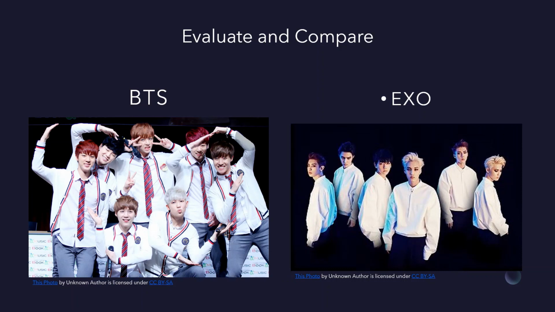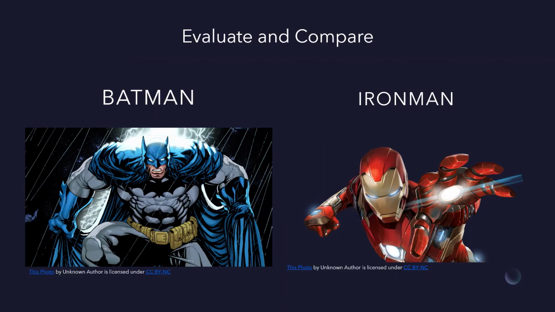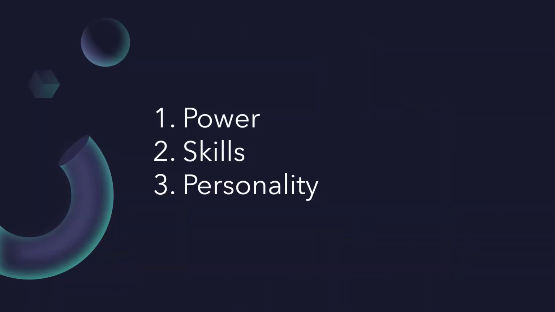For group 2, you will evaluate and compare BTS and EXO. This time, you will evaluate them based on popularity, singing skills, and dancing skills. Group 3, on the other hand, will evaluate and compare Batman and Iron Man. Your points of comparison will be their power, their skills, and their personality.